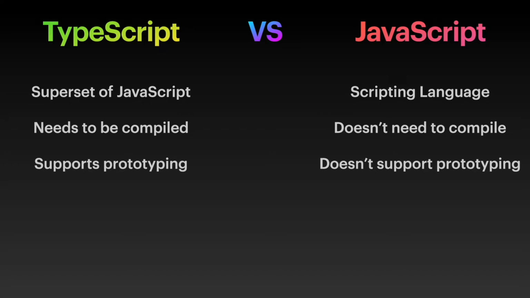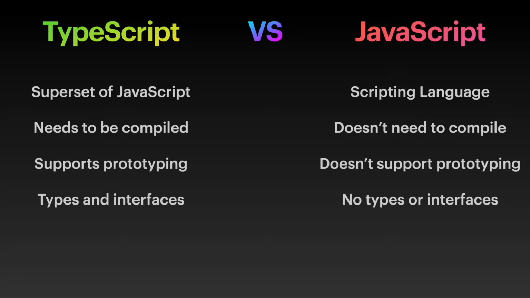TypeScript supports prototyping. Now, prototyping is a design pattern that allows cloning objects. Next up is types and interfaces. Now, types, as we all know, are numbers and strings, arrays, stuff like this.